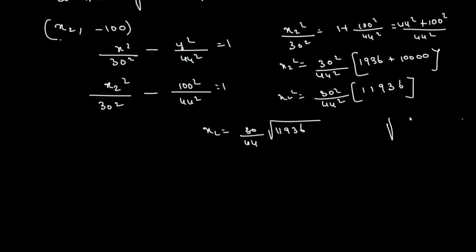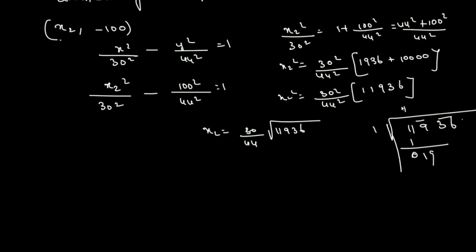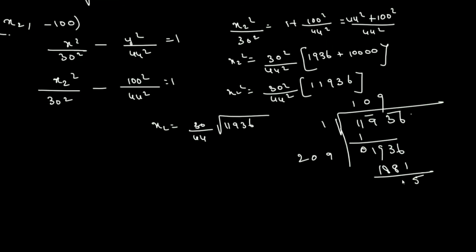So what is the root of 11936? Group it in twos. So you get 1, then 1 9 1, double this, you put 1 0 here, then bring 3 6 down. So 109 point, double this, you will get 218 here, approximately 2.